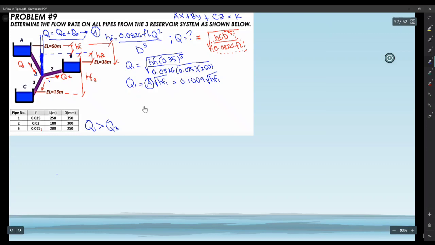And then same thing na lang din yung gagawin natin sa Q2. So para naman sa Q2, ganun din. So square root of the head loss para kay 2. Substitute mo lang. So diameter, so 0.3 raised to 5 over 0.0826 multiply by the friction factor na 0.02 times 180.